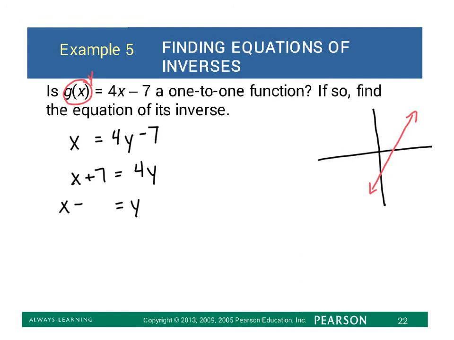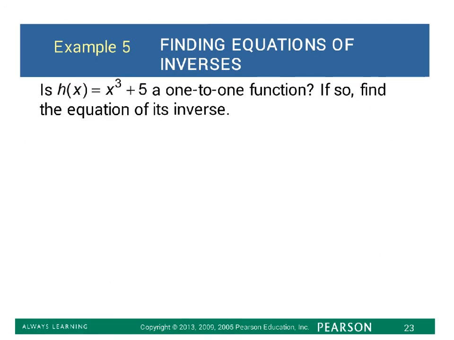We get our inverse function. The final step is don't leave it like this. Replace it with f inverse of x, and that is equal to what we solved for, x plus 7 over 4. And we're done. Let's do another one.